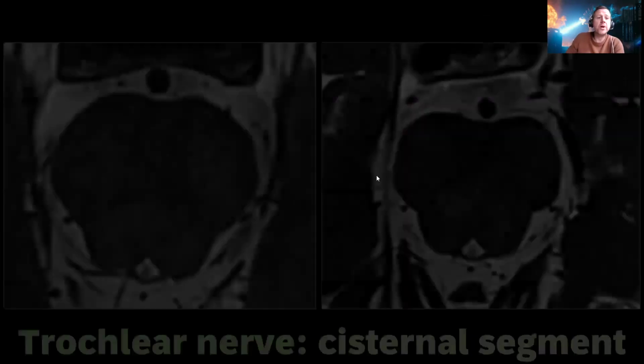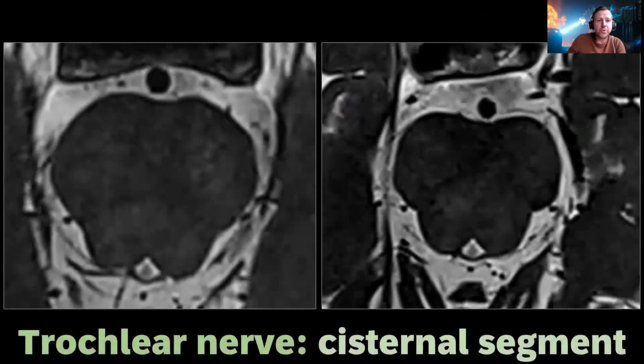Let's move on to the cisternal segment of the trochlear nerve. As said, the trochlear nerve exits the brainstem at the back, typically at the level of the medullary velum, which is a small leaflet covering the upper part of the fourth ventricle. So this is where the cisternal segment exits the brainstem, and as said, it crosses to the other side.